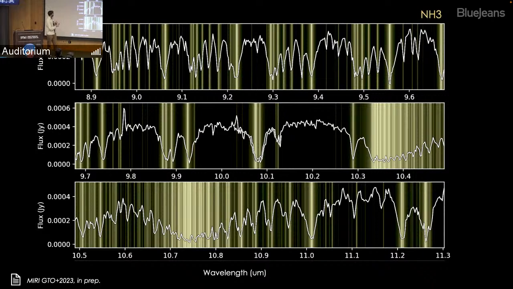We have a video of this going through all the different molecules, but I'm just concentrating here on ammonia. You can go along part of the spectrum and you see that every line is reproduced. There are some wavelength errors which still give me a job to do, to improve.